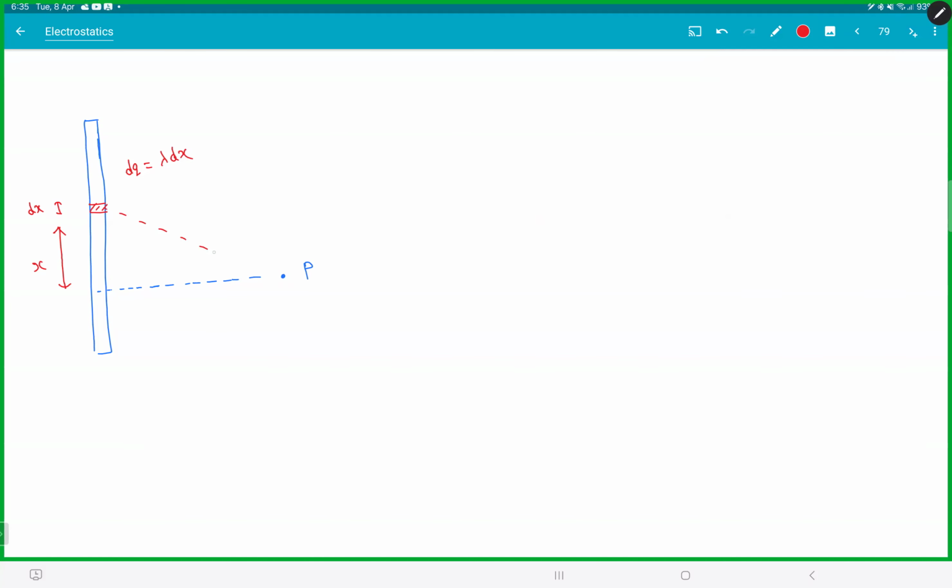So this element gives a field like this, which is dE. Let this angle be alpha, let this distance be d, and let this distance be r. Now remember, whenever you take fields, you always have to integrate the vector. You cannot integrate dE directly. You have to resolve into i cap, j cap, and then integrate components separately. So dE will be k dq by r square, where dq is lambda into dx and r square is x square plus d square.